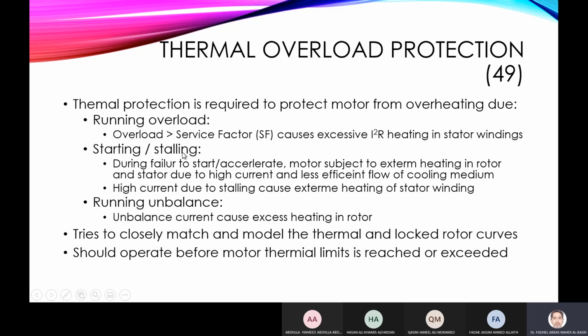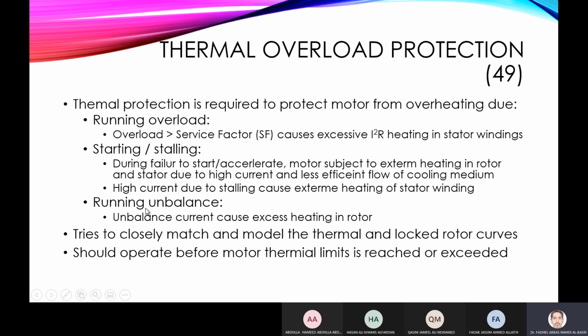So the motor stalls, it won't move, and it will draw the locked rotor current in this case. That would subject the motor to extreme heating in the stator and rotor winding.